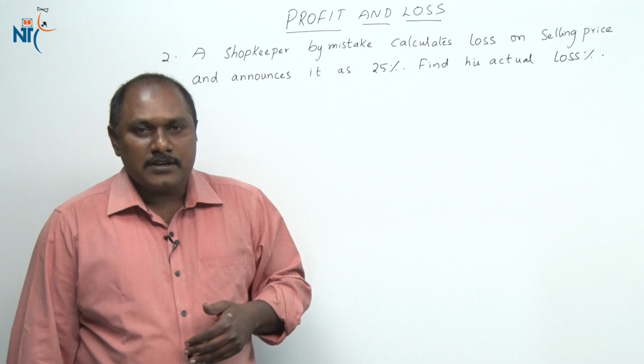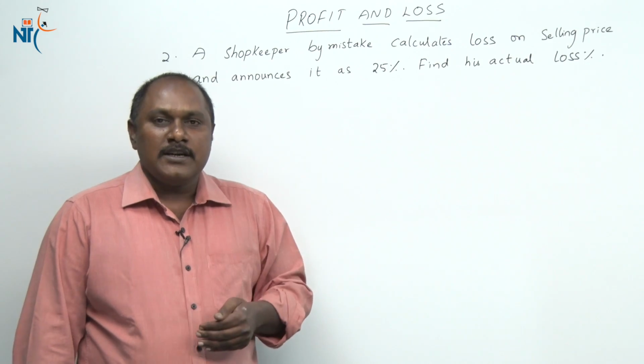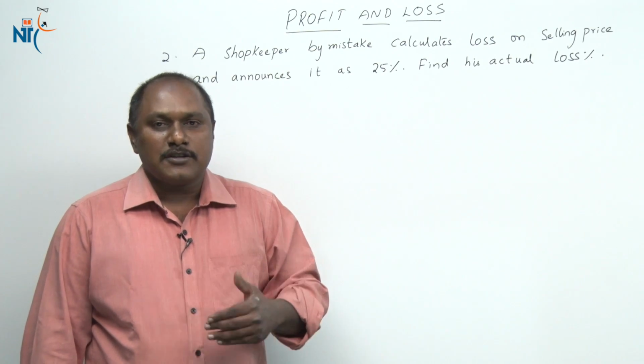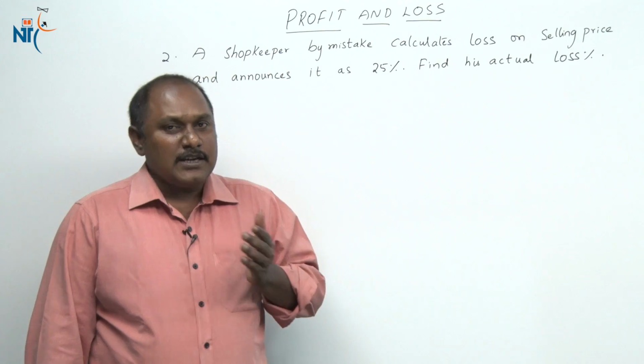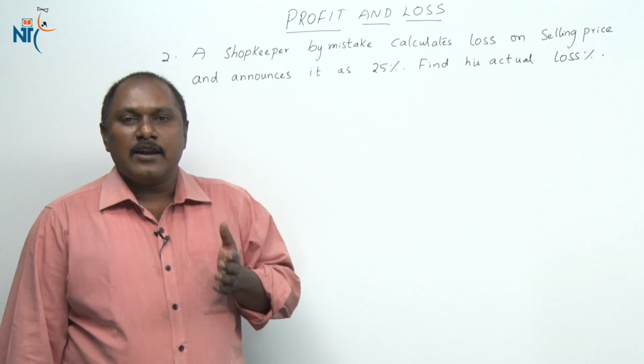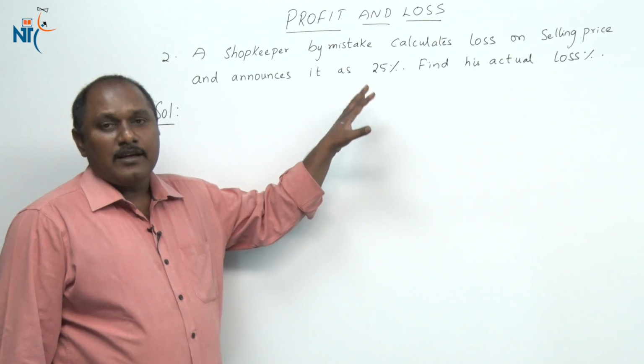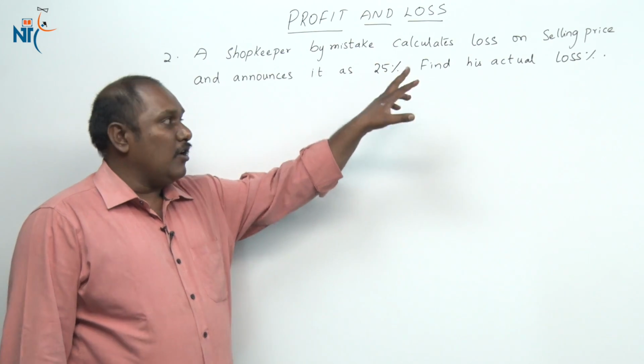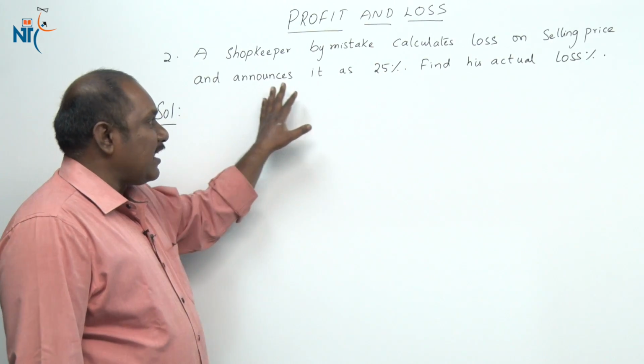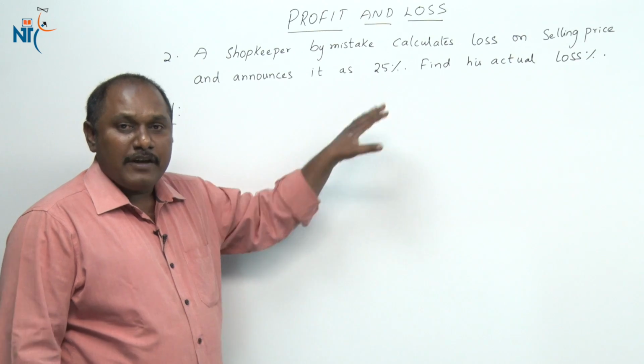Obviously it is a mistake because loss percentage is always calculated on cost price. Profit percentage as well as loss percentage are always calculated on cost price. But here the shopkeeper by mistake calculated his loss on selling price and he is announcing it as 25%.